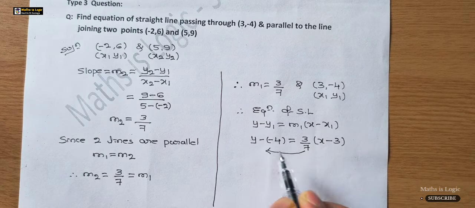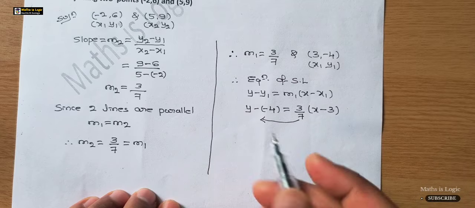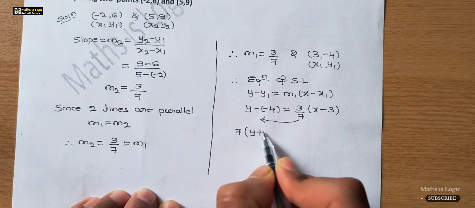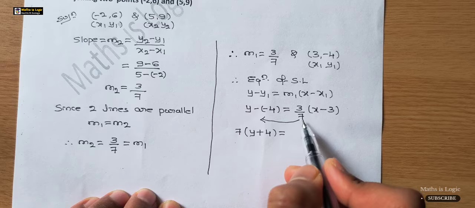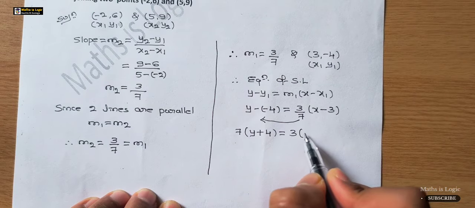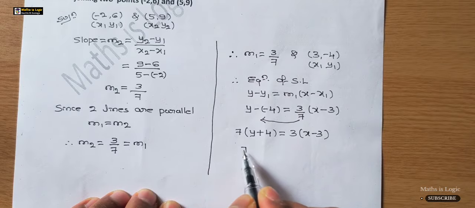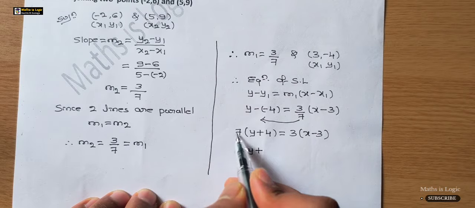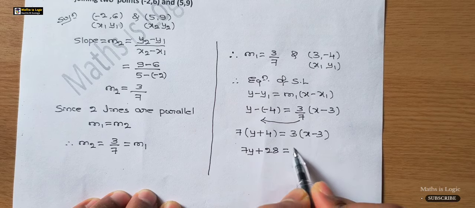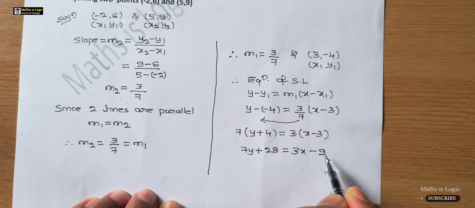Next again do the cross multiplication. So 7 into bracket y minus into minus is plus 4 is equals to, after doing the cross multiplication, what is the remaining value in right hand side? 3 into bracket x minus 3. Open the bracket. 7 into y, 7y, plus 7 into 4, 28 is equals to 3 into x, 3x, minus 3 into 3, 9.